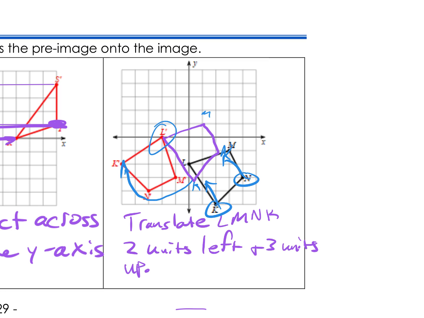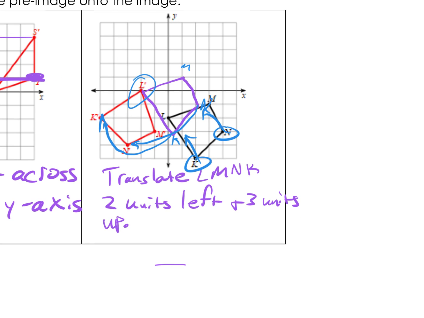So we're going to rotate it about the point L. We're going to spin this around so that the points land in their place. Right now we're not worried about exactly how many degrees that is. We can just describe it as rotating. We can rotate about the point L prime.